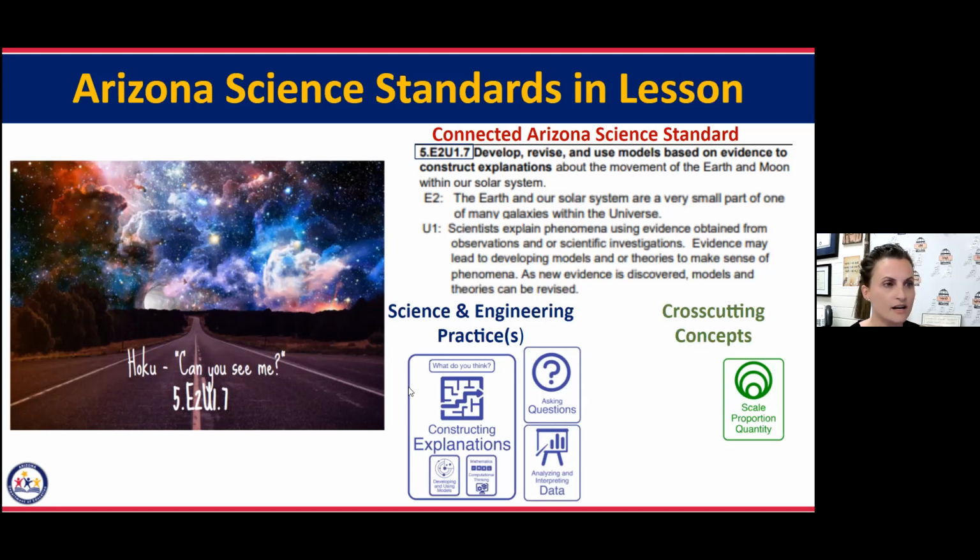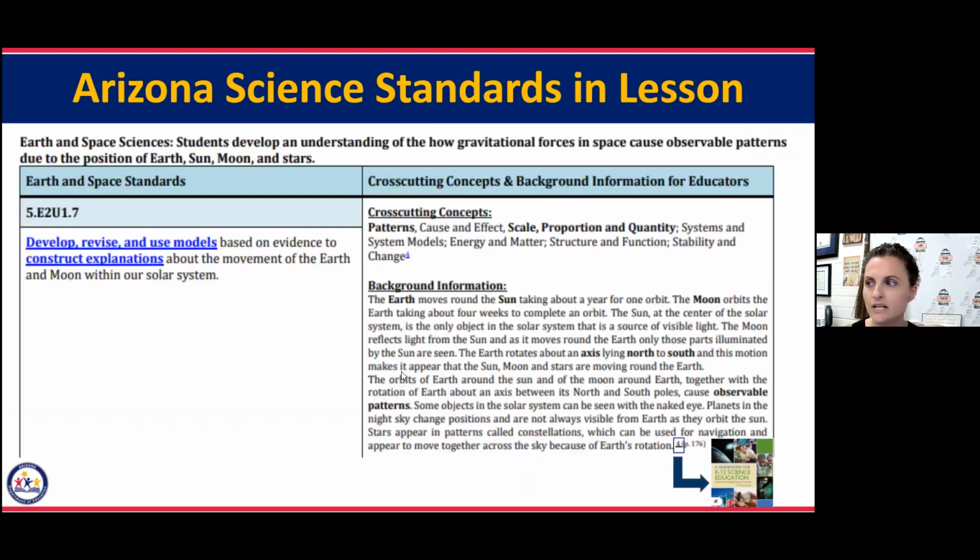In terms of the cross-cutting concepts, we're going to be using scale, proportion, and quantity. And we are also going to be looking at what patterns we can notice and what we can make sense of from the information that we'll be working with today. So our Earth and Space Science Standards are coming directly from our Arizona Science Standards.